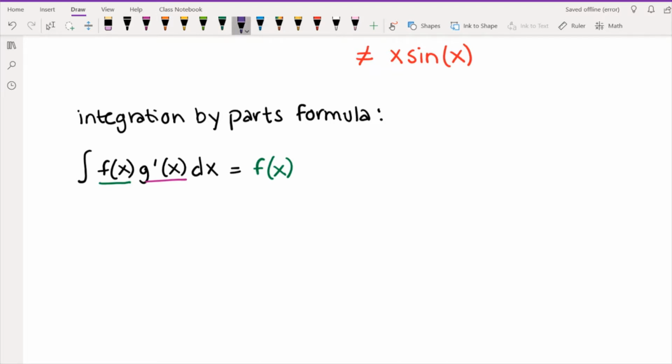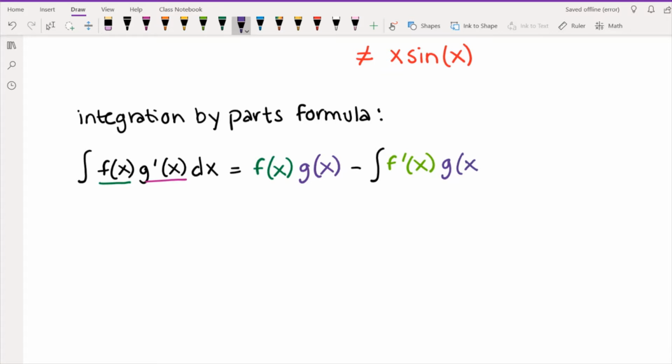So you have to take the antiderivative of the function you've decided to call g prime of x. And then from that, you're going to subtract the integral of the derivative of f of x, so f prime of x, times the antiderivative of g prime of x, so that's g of x.